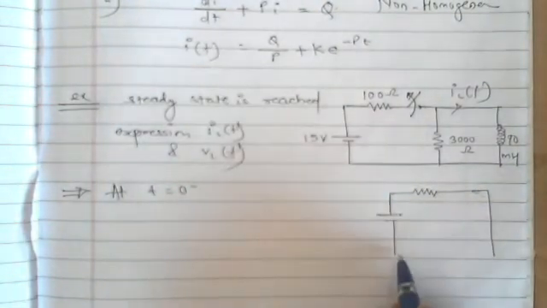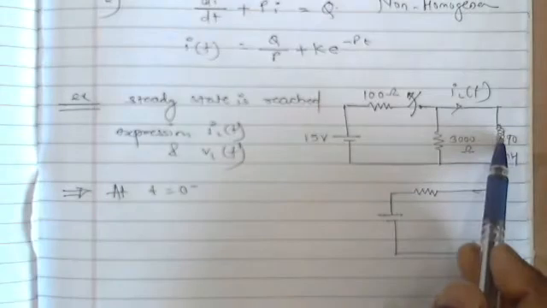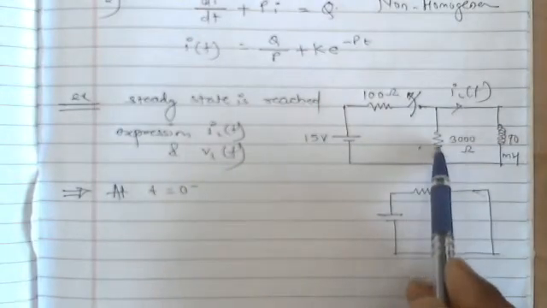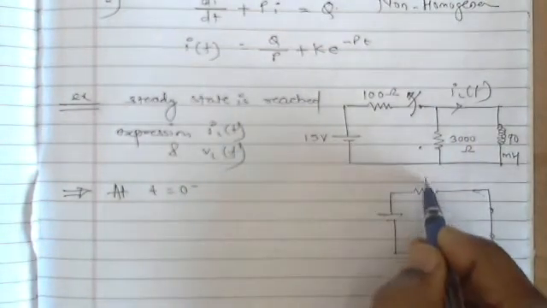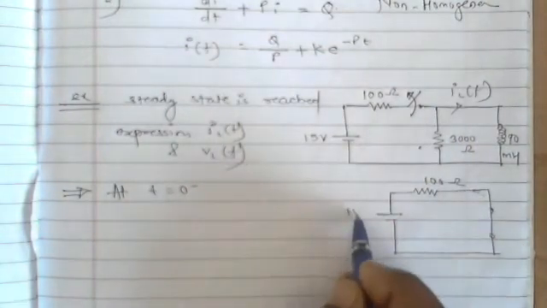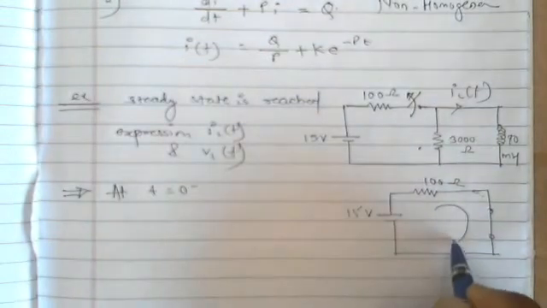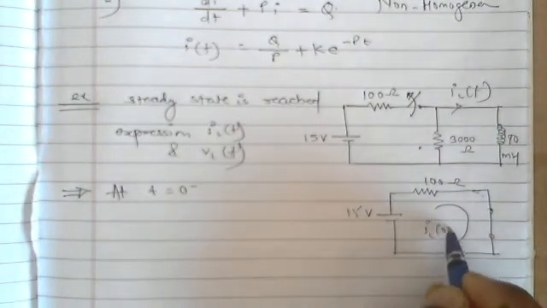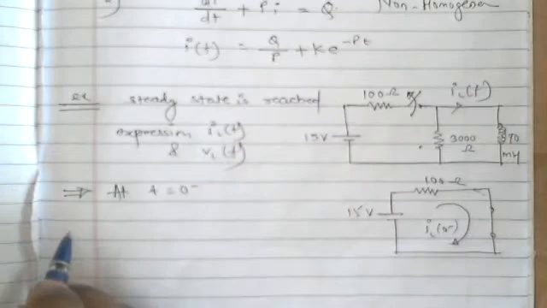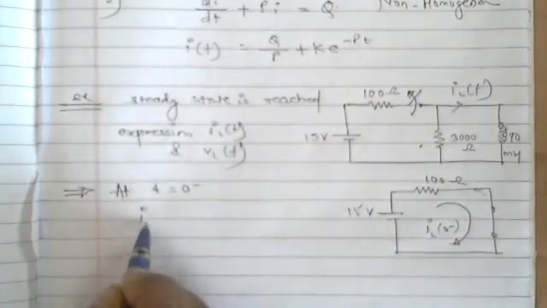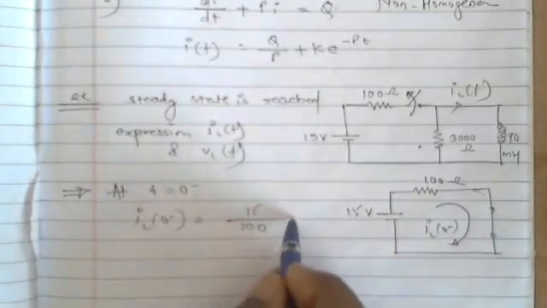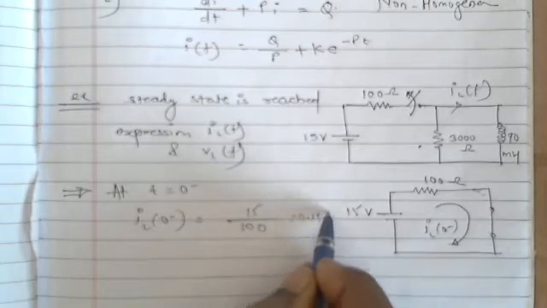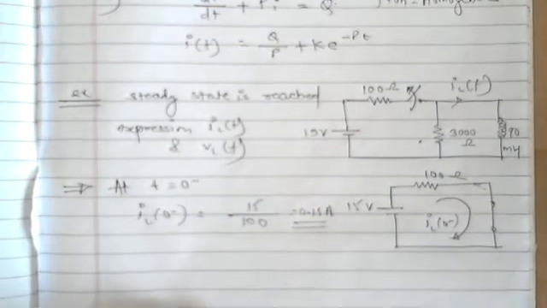As the inductor is a short circuit, the resistance will vanish. So the circuit looks like this. This is 100 ohm, this is 15 volt, and this is IL at 0 minus. Now, how to find out this current? IL at 0 minus is given as 15 divided by 100, which is nothing but 0.15 ampere, right?